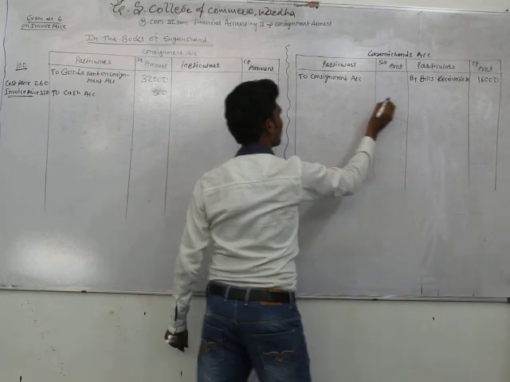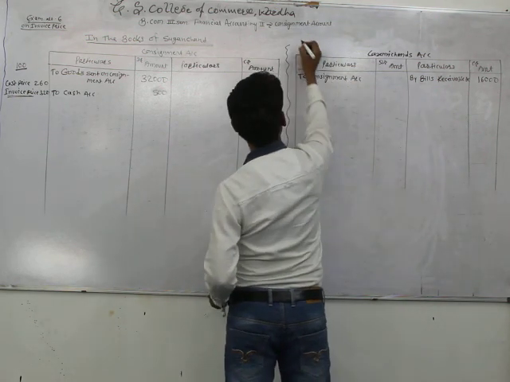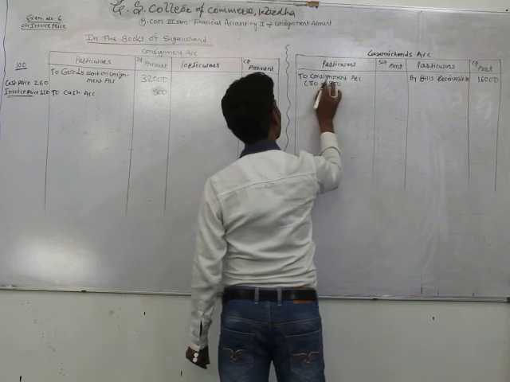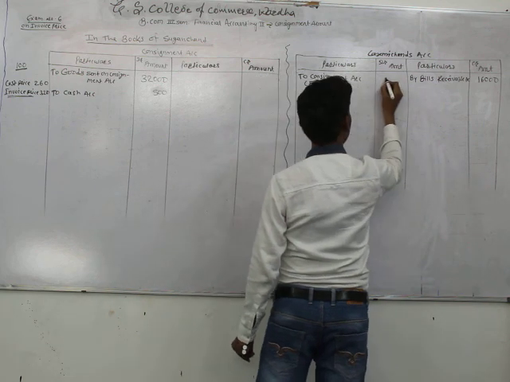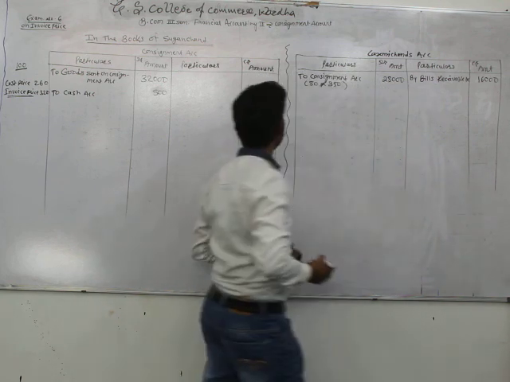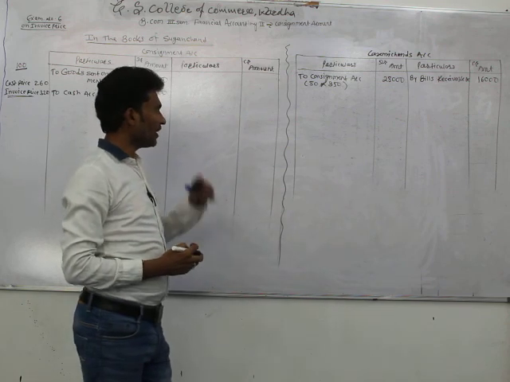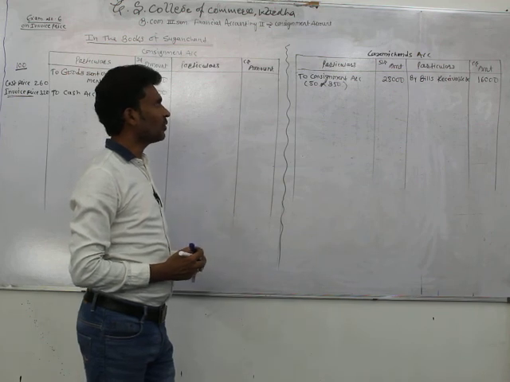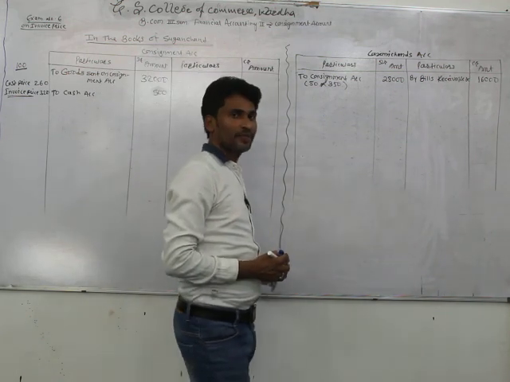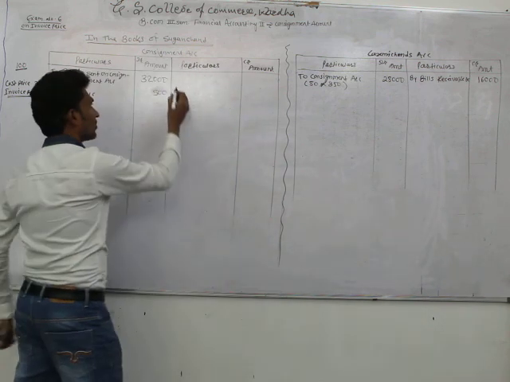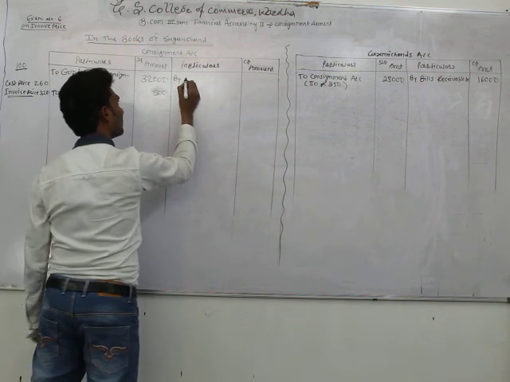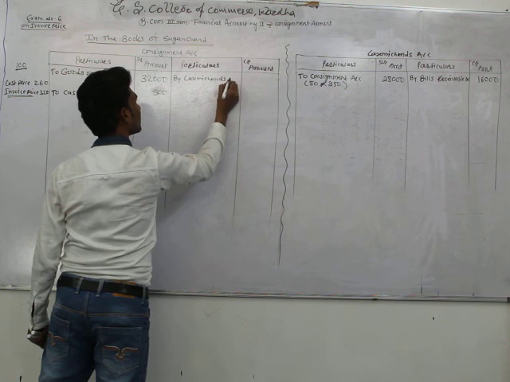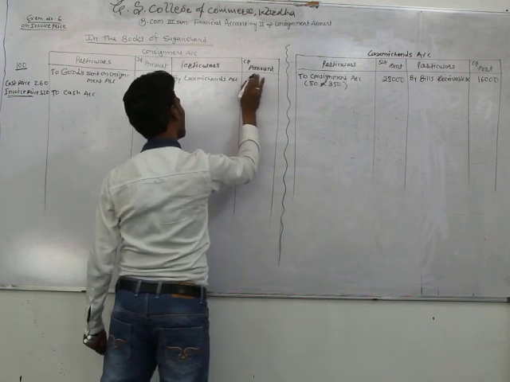He sold 80 bed sheets at rupees 350 each, which becomes rupees 28,000. 350 into 80: 300 into 80 is 24,000 and 50 into 80 is rupees 4,000, so it means 28,000. So at the credit side of consignment account, by Lakshmi Chand's account, rupees 28,000.